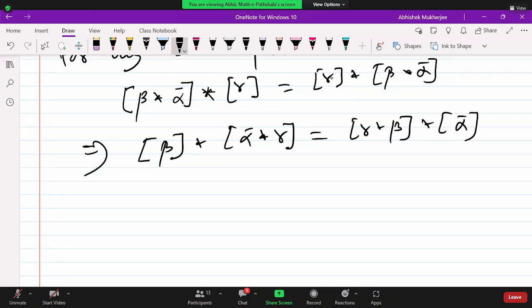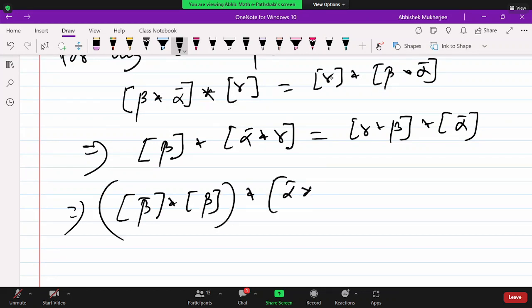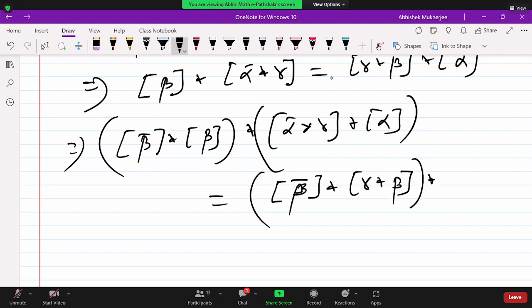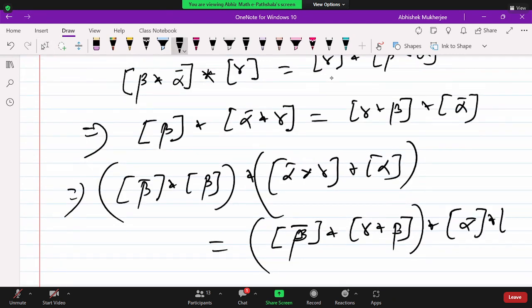Okay, so multiplying both sides by the class of beta bar from left and the path homotopy class of alpha from right, then you will get beta bar star beta star alpha bar star alpha, right?